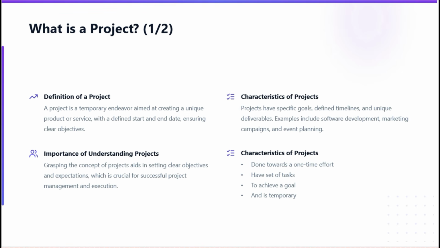It must have a start date and an end date so that it is called a project. And at the end of the project, it is going to deliver value. It could be a product, a solution, or a service. For example, developing a new mobile app takes a particular time, and this whole time frame is called a project.